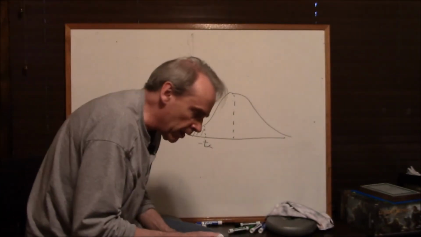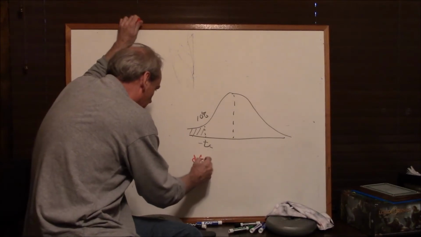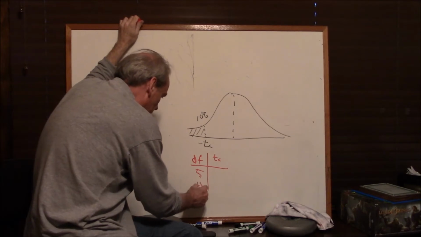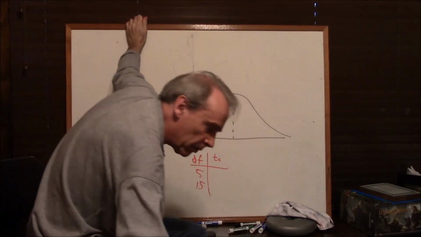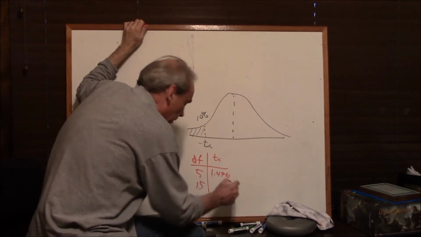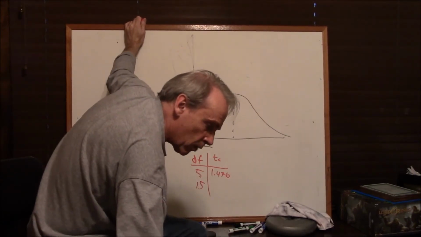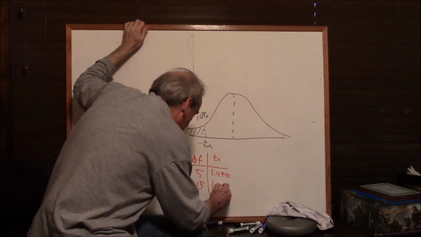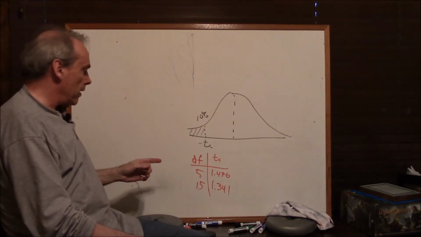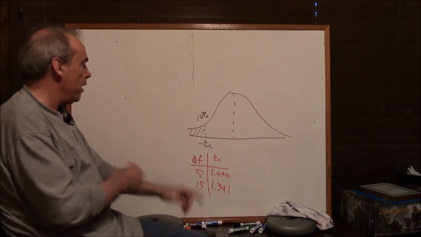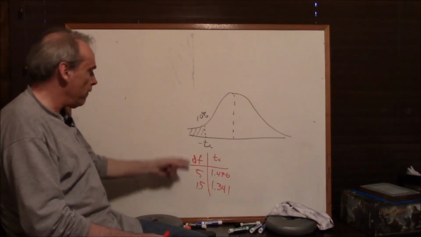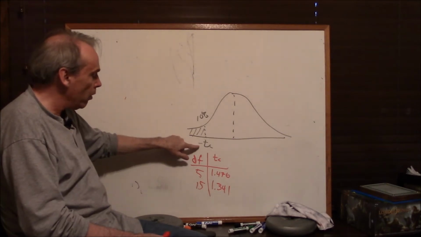So let me do the same thing here, degrees of freedom versus the critical t-value, and I'll do 5 and 15. At the 10% level, 5 is 1.476, and 15 is 1.341. What this is saying is that the critical t-value, if you're looking for a 10% level, one-sided, negative in particular, with 5 degrees of freedom, is negative 1.476.